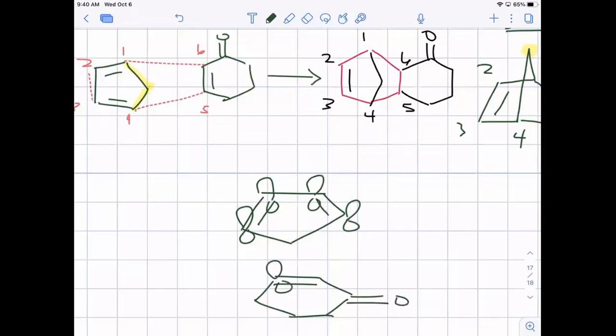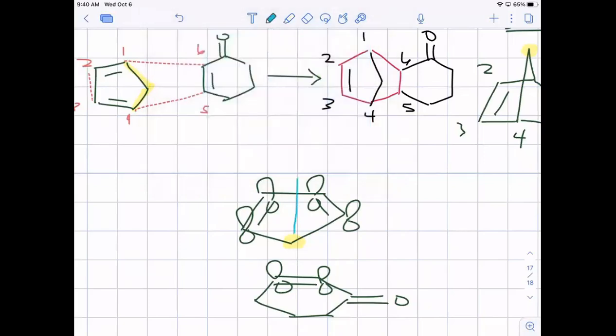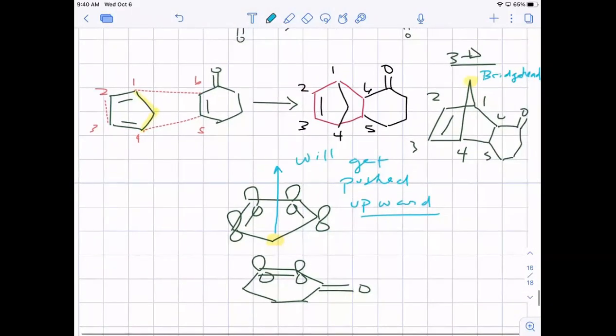So when these things come into contact with each other, this carbon right here at the bridgehead is going to get pushed up. If the dienophile comes in from the bottom, right, this is going to get pushed up this way. Right, so that's why it looks like that carbon is facing upward, and that's why it looks like the other part of that is underneath that.